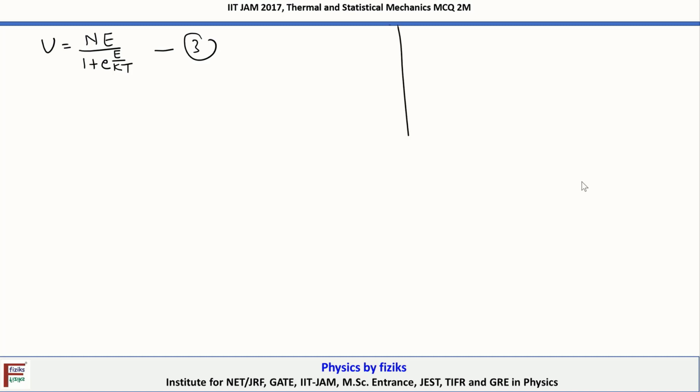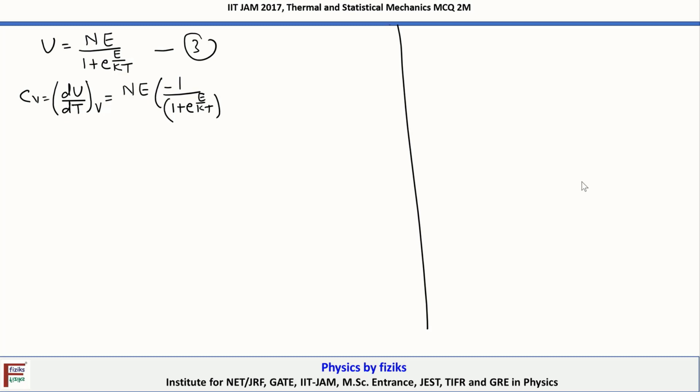So Cv is equal to dU by dT at constant volume, and this is further equal to, keeping N E outside, and then using the rule for 1 by x, this will be minus 1 upon 1 plus e to the power E by kT, whole squared.